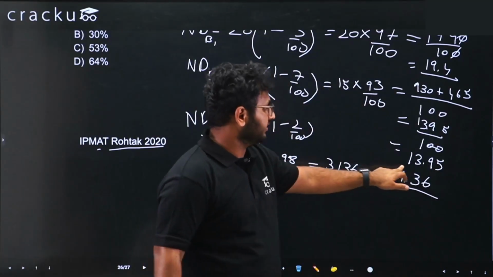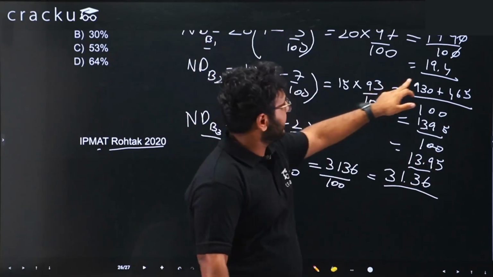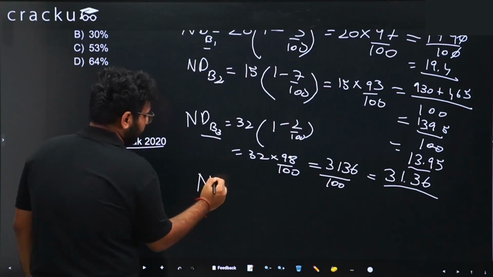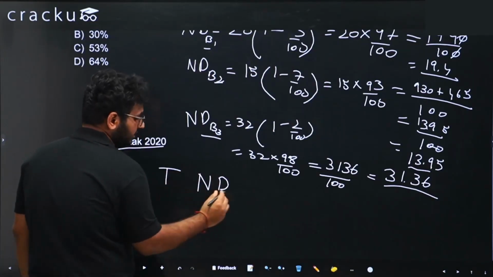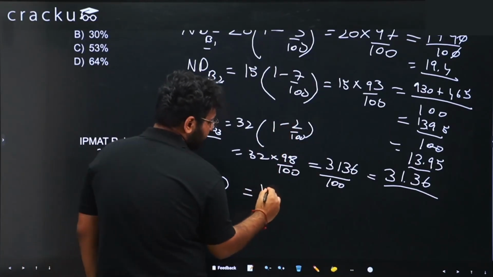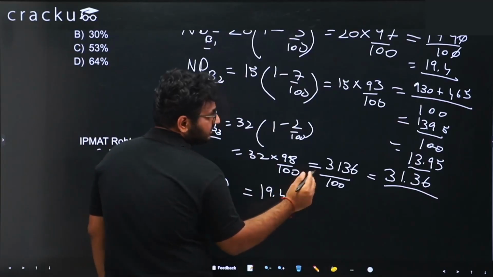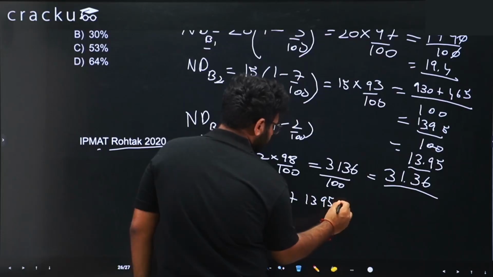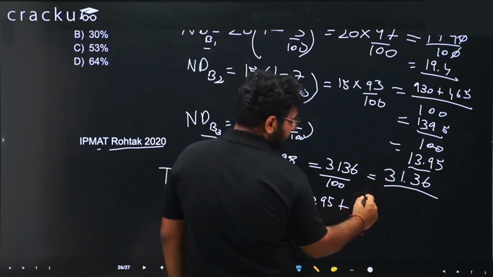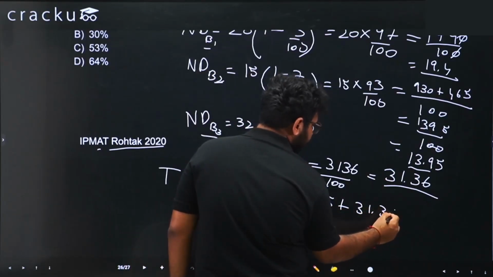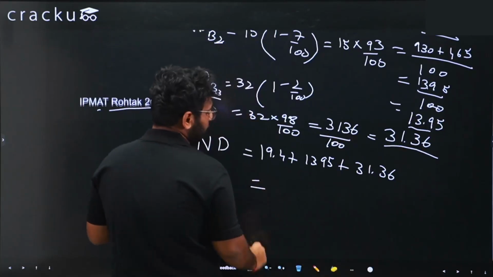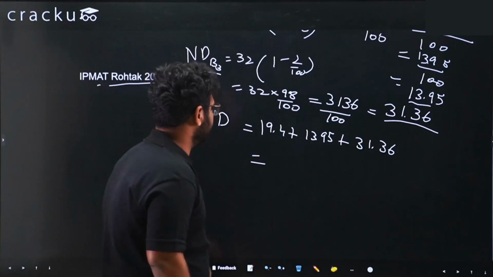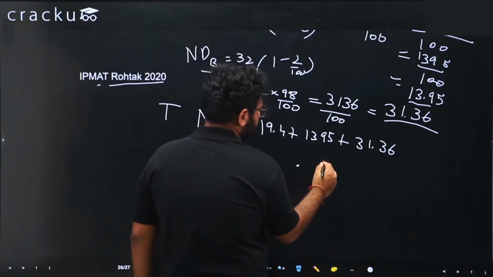By B2 13.95 and by B1 19.4. So for all the non-defective pieces, the total non-defective will be equal to 19.4 plus 13.95 plus 31.36. So 5 plus 6, which is 11, 1 carry over. So 0.1 carry over.